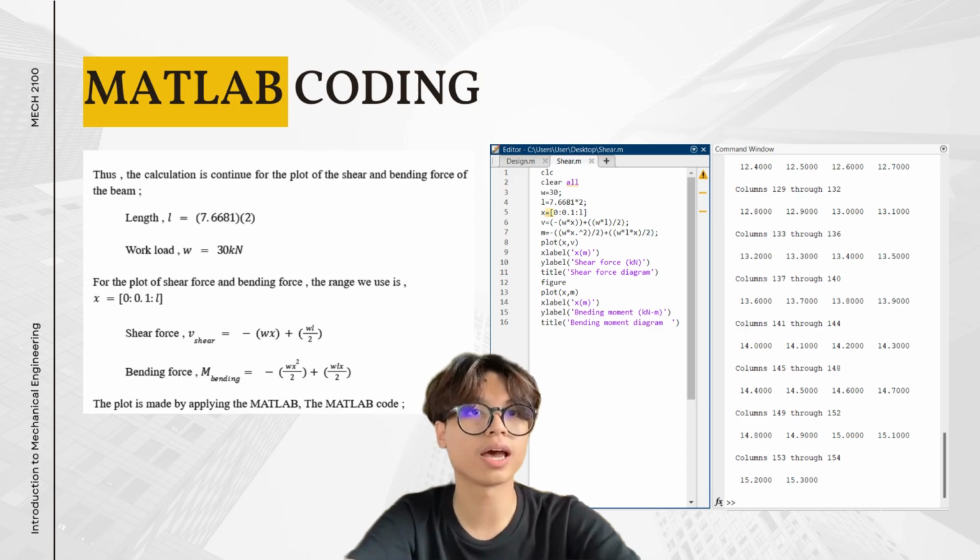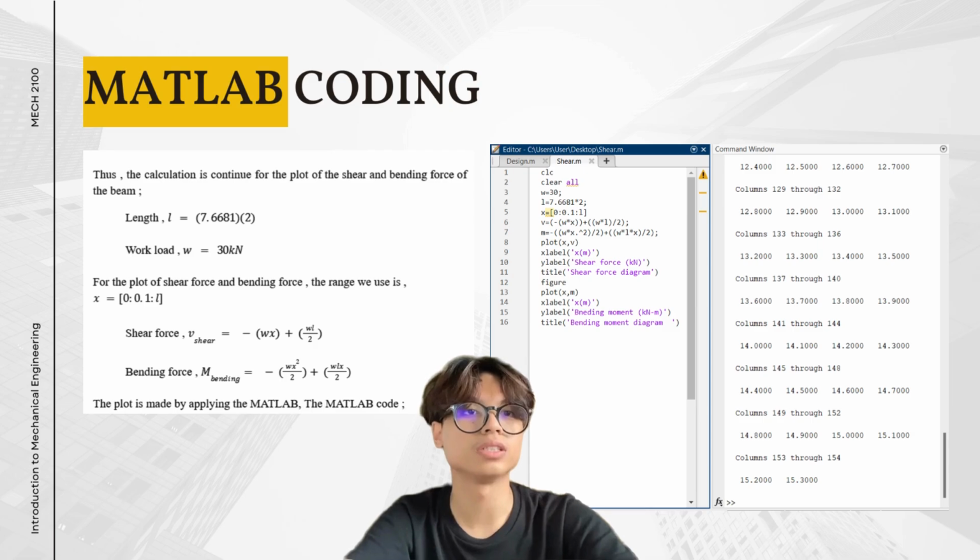The X label is X in meter, and the Y label is bending moment in kilonewton meter. The title of the second graph is bending moment diagram. After all this, we can run this MATLAB coding, and we will get the graphs on the screen in the next slide.